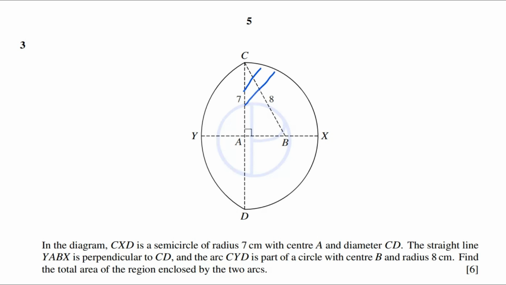When you consider this part, it is a semicircle with a radius 7. We know the area of a circle is pi r square. So the area of the semicircle is pi r square divided by 2. And in this case, we know the radius r.